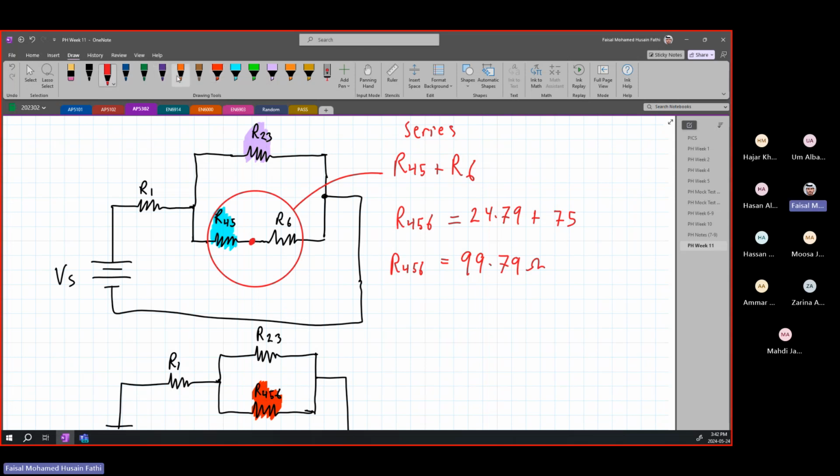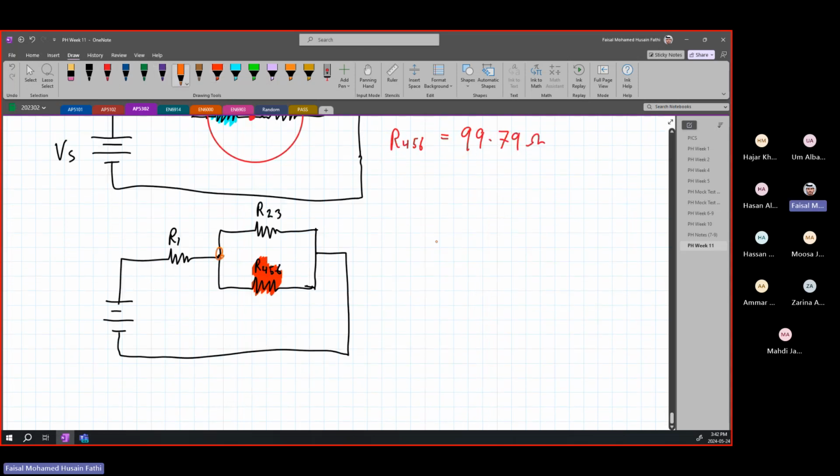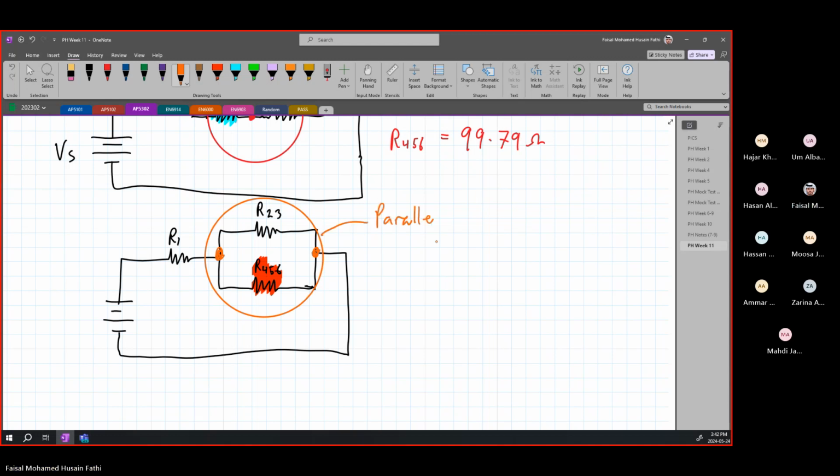Again, you will keep going. We'll do the same thing again here. If you notice now, they are connected at 2 points. So these two are in parallel. So R23456 is equal to R23 times R456 over R23 plus R456.